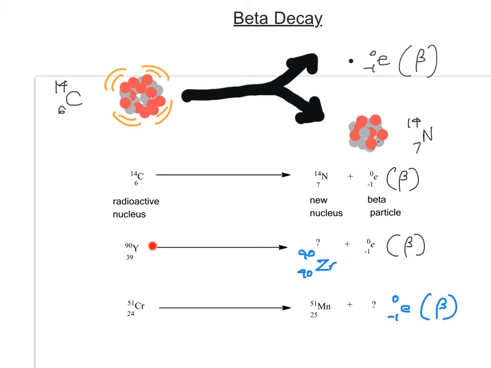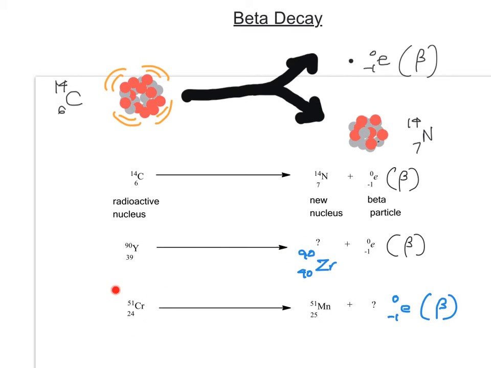When yttrium-90 with an atomic number of 39 undergoes beta radiation, what is the resulting nucleus? We're going to add one more proton to the atomic number. It becomes 40, resulting in the zirconium nucleus. The mass number is still 90.